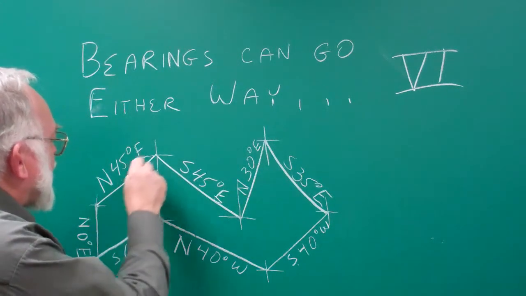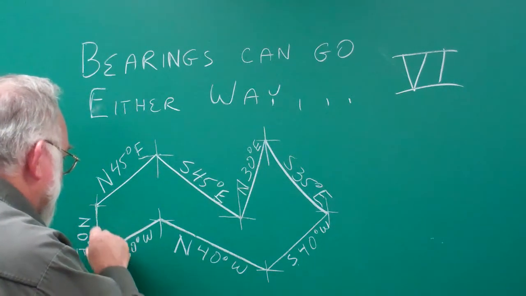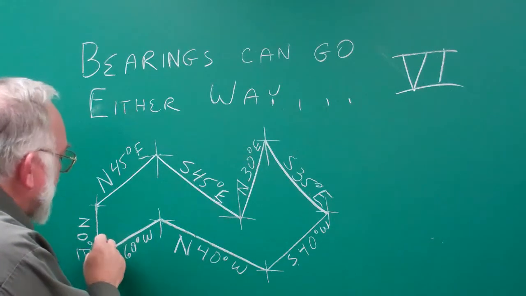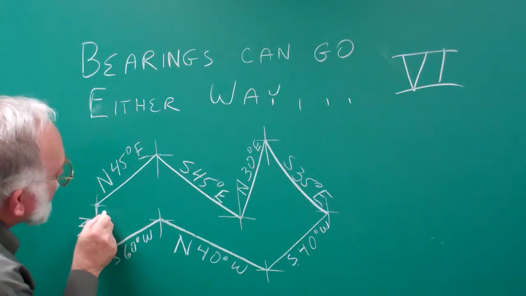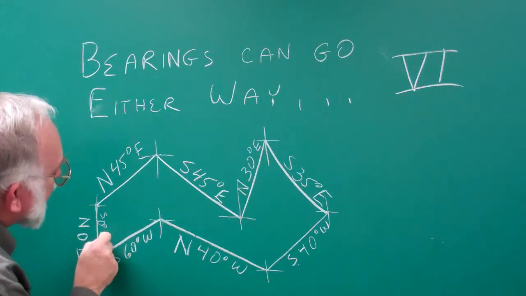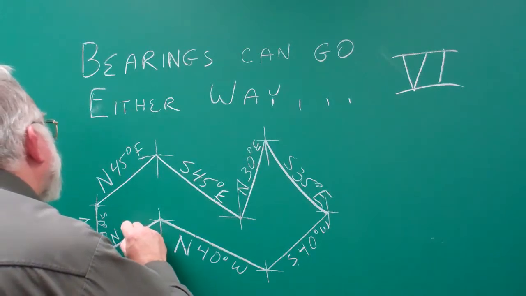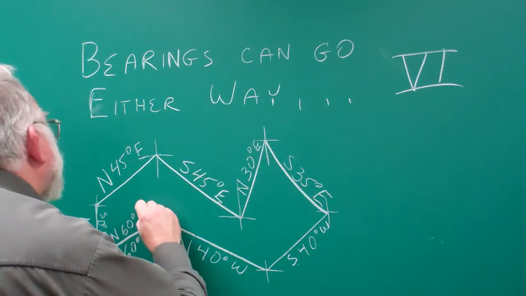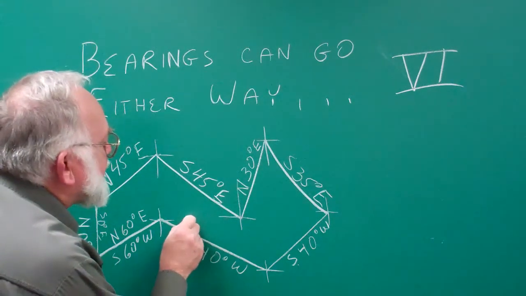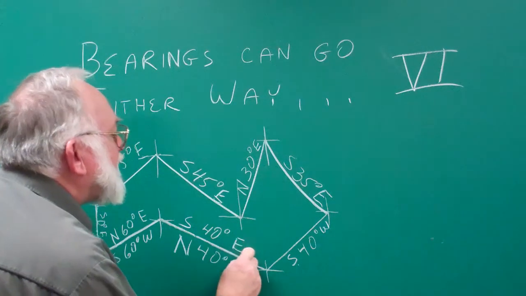Now, if we were to take that traverse and instead of going around like that, we started in the other direction, we'd be going south 0 degrees, east or west, doesn't matter. And then north 60 degrees east. Then south 40 degrees east.